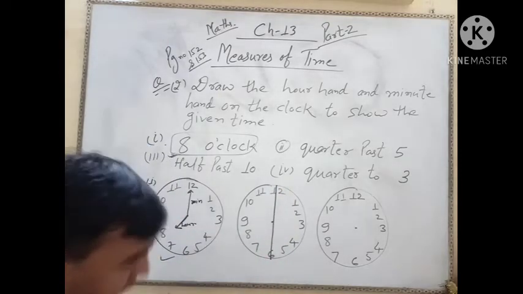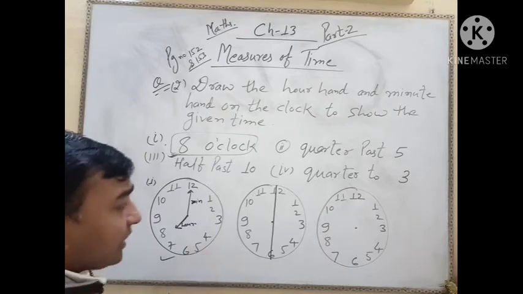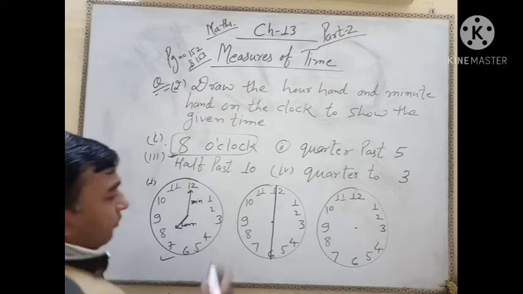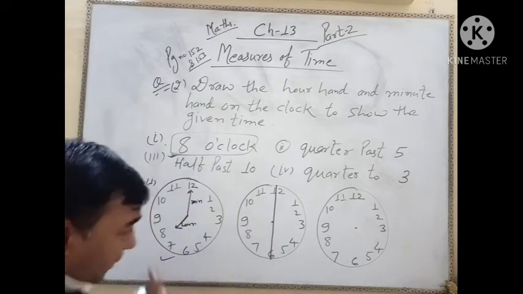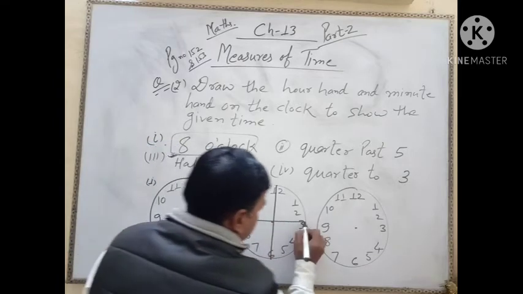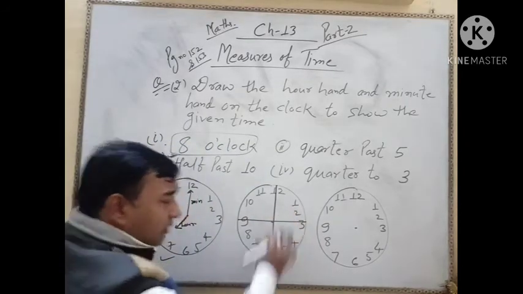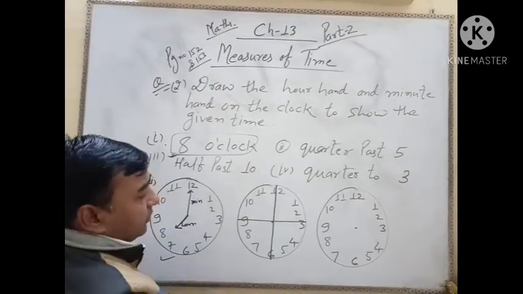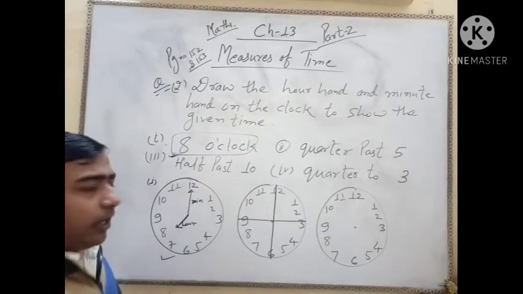And one more diameter we will draw inside this circle to divide this circle into two more equal halves, from left to right. You can see that with the help of these two diameters we can divide this whole circle into four equal parts. That's why I have written quarter past 5.